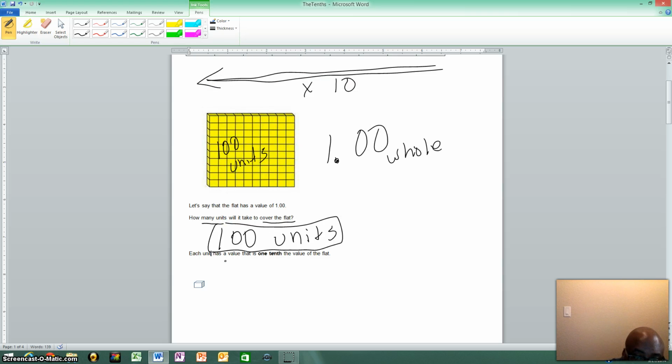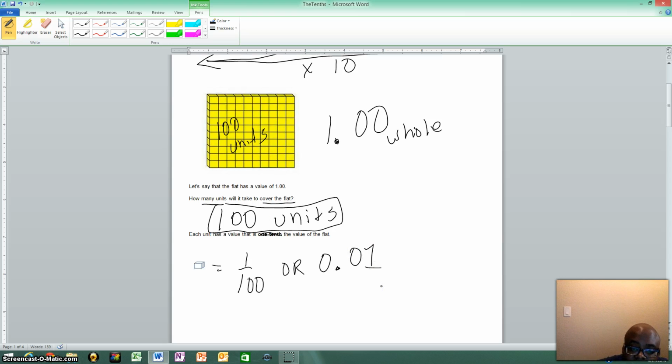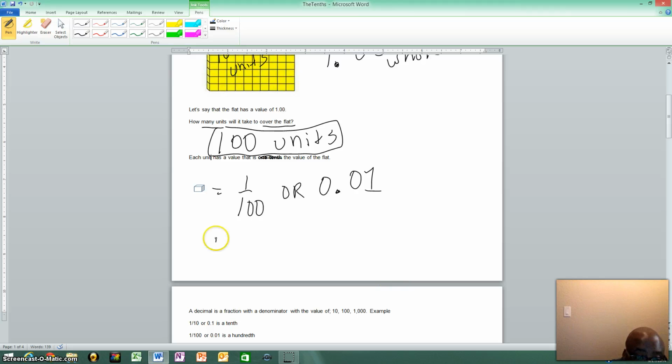And why? Because each one of these has a value that is 1/100th, or 0 and 100th. You remember from our last video that this is the fraction, and this is the decimal.